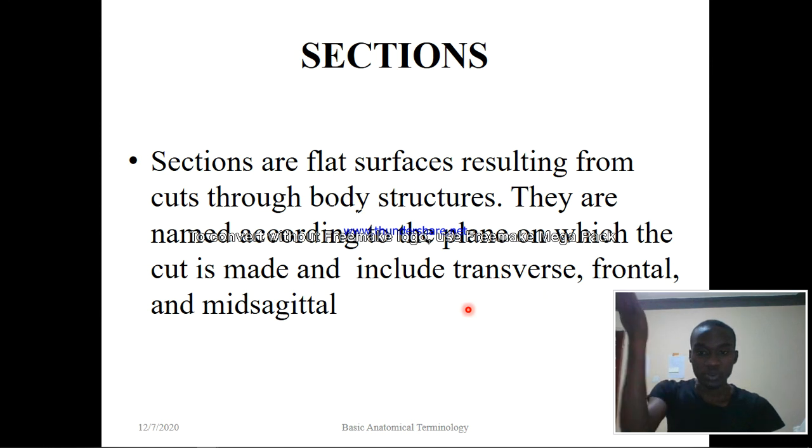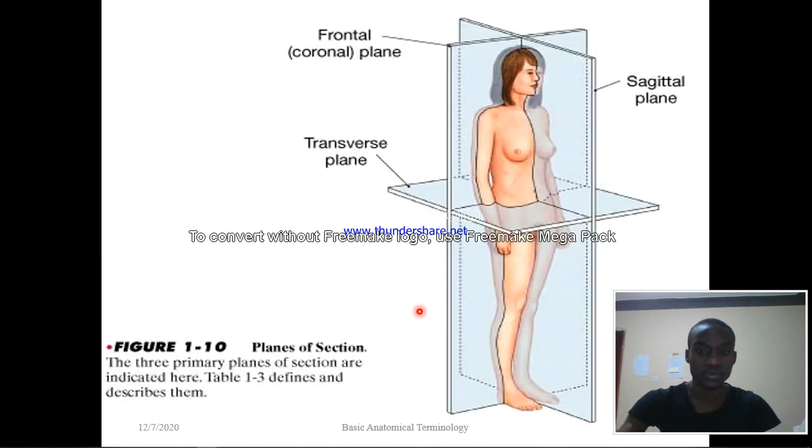We can obtain an oblique section, so we cut a particular body organ at an angle, so that is an oblique section. We can also obtain mid-sagittal. So these ones are named according to the plane on which the cut has been made. So these are the depictions of planes and sections.